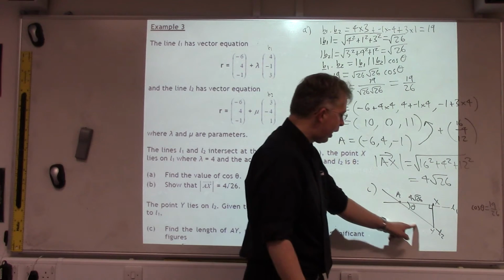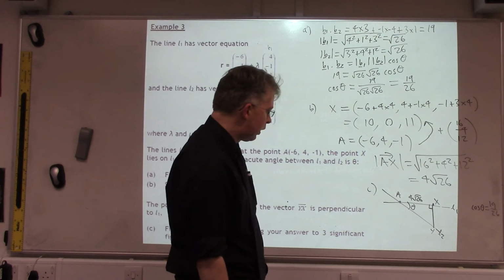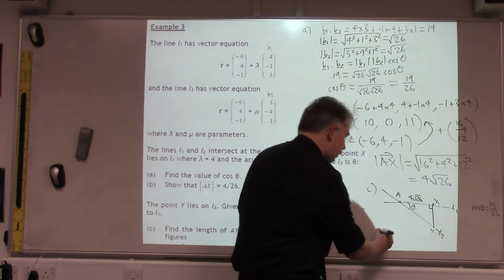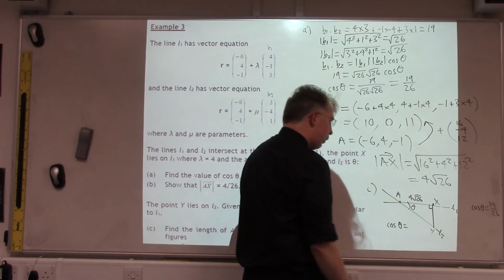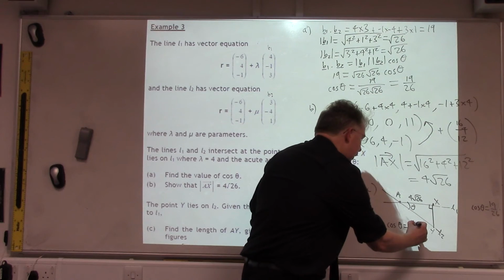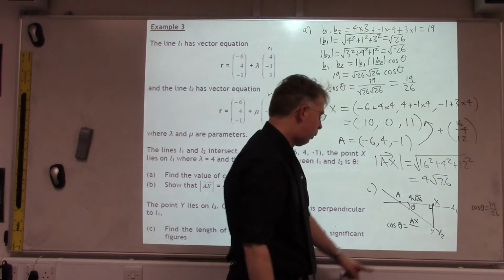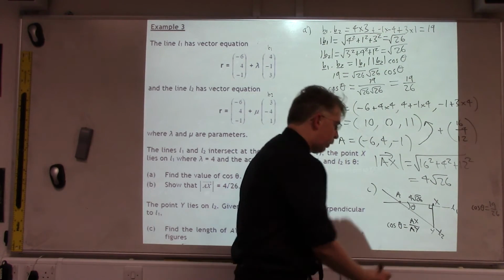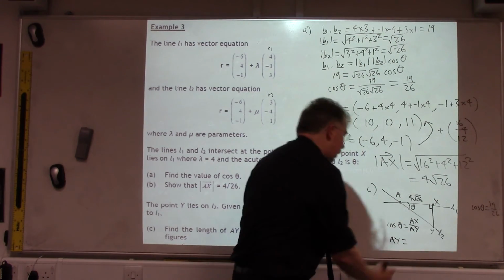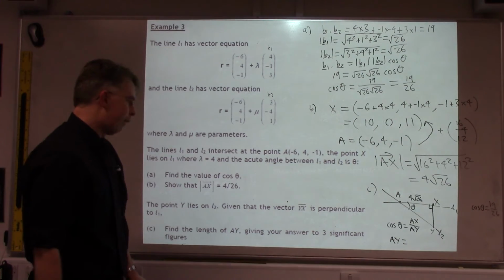So we want A to Y, which is the hypotenuse. So cos theta equals the adjacent, which is A to X, over the hypotenuse, which is A to Y. So switch those two around. A to Y equals A to X over cos theta.